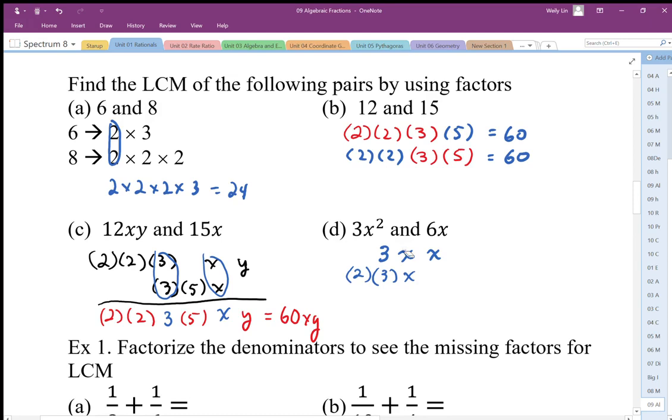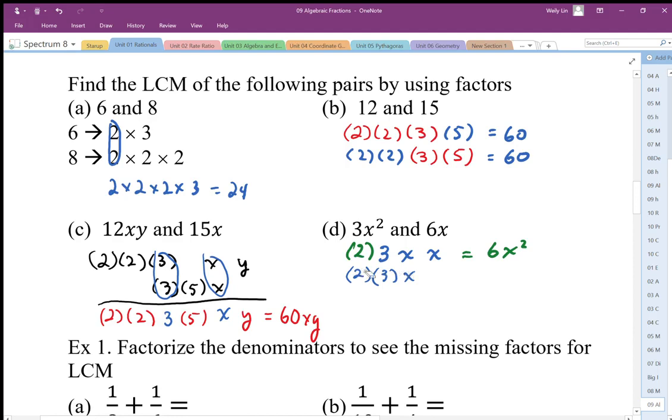He's saying, well, I've got the same number of x's. In fact, I've got more, so I don't need any more x's. We both have 3's, but I'm missing a times 2. So I'm going to get myself a times 2. And that's it. I've got my lowest common multiple when I do that.